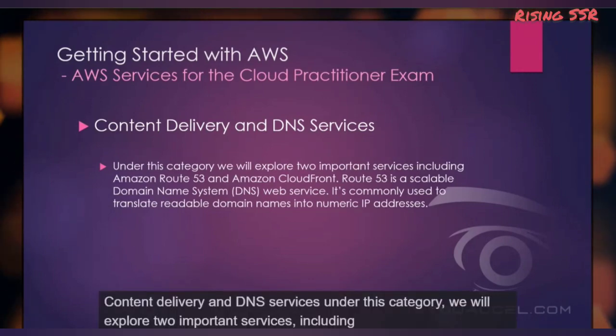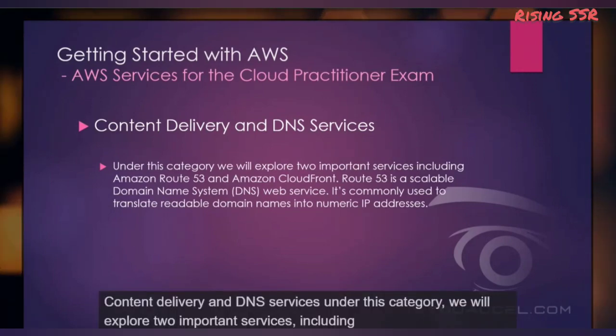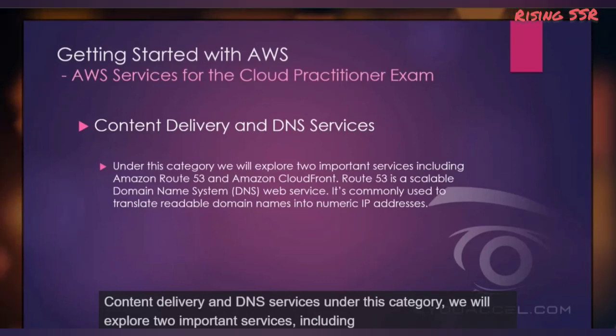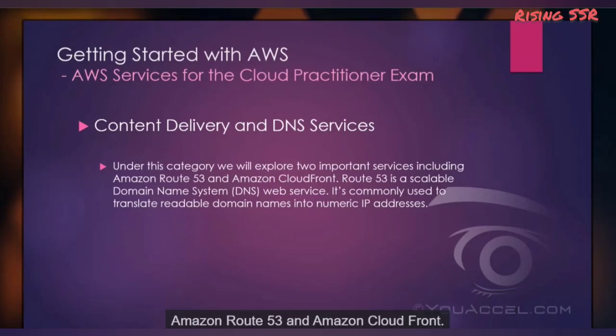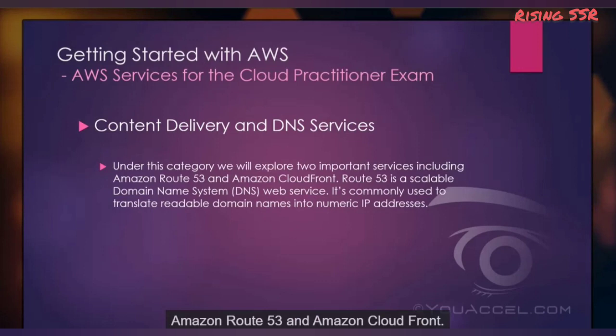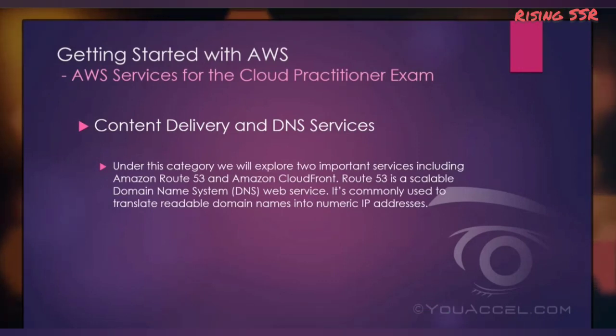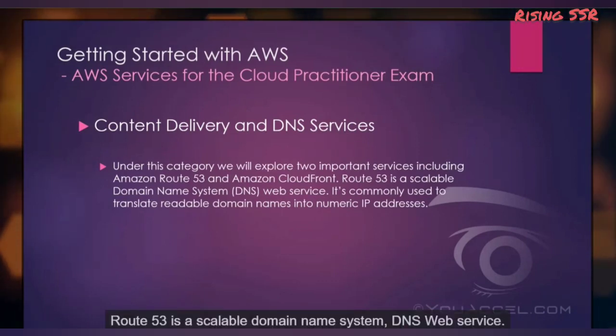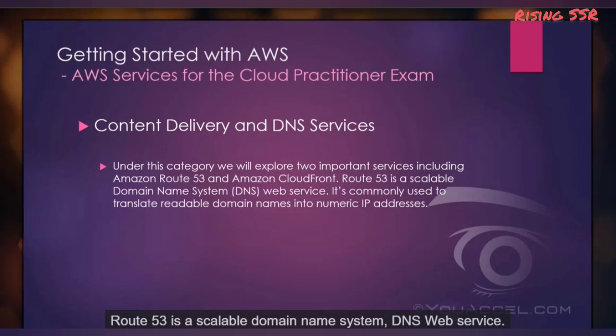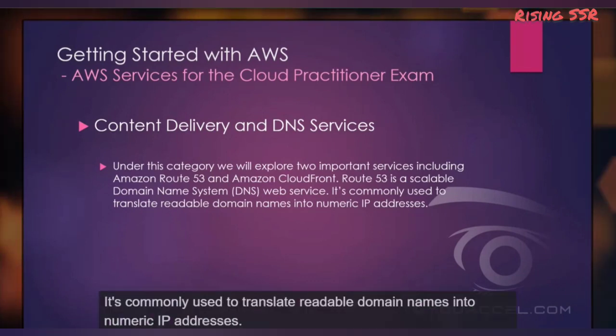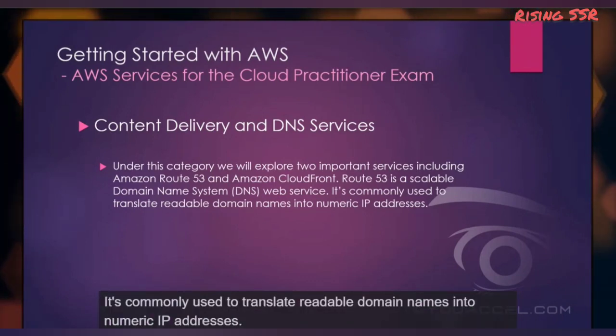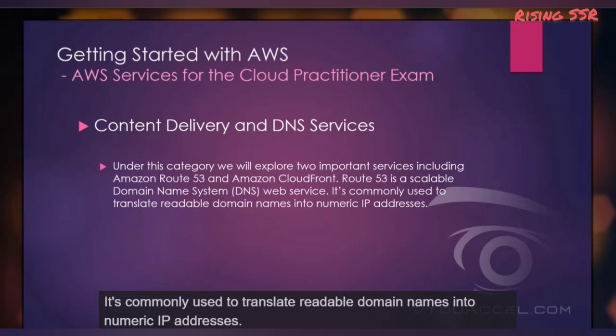Content delivery and DNS services. Under this category, we will explore two important services, including Amazon Route 53 and Amazon CloudFront. Route 53 is a scalable domain name system, DNS web service. It's commonly used to translate readable domain names into numeric IP addresses.